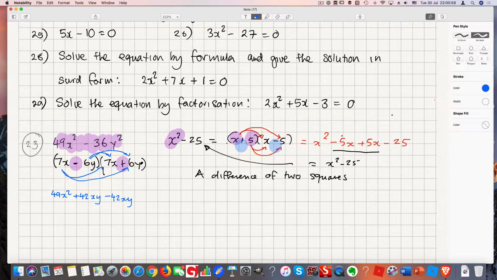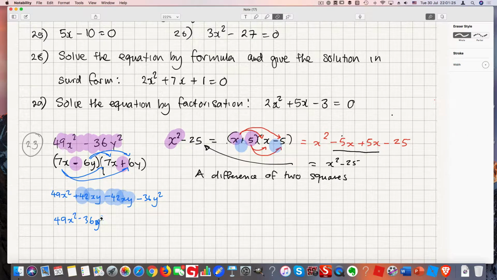Then minus 6y times 6y is minus 36y squared. So this 42xy minus 42xy goes to 0, and you're left with 49x squared minus 36y squared, which is the same as what we had before. So we've managed to prove that this answer is correct.